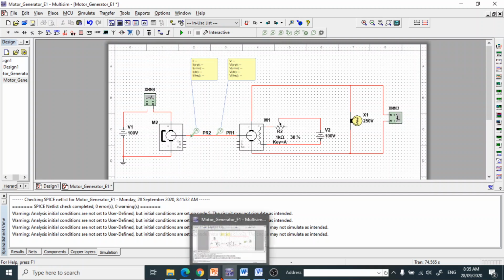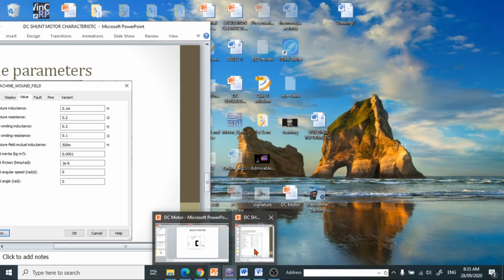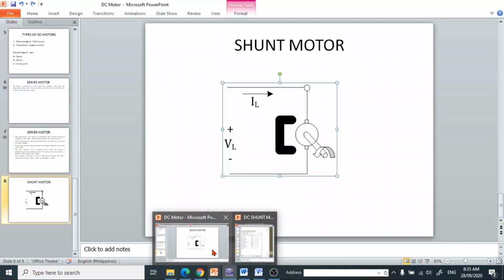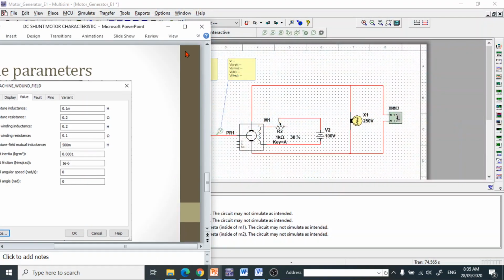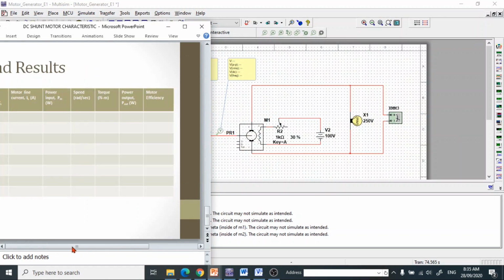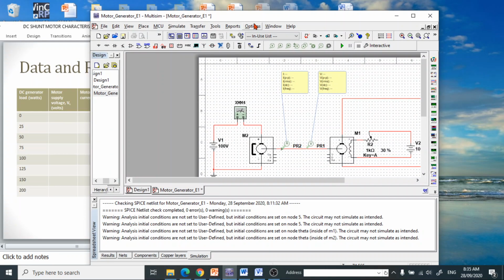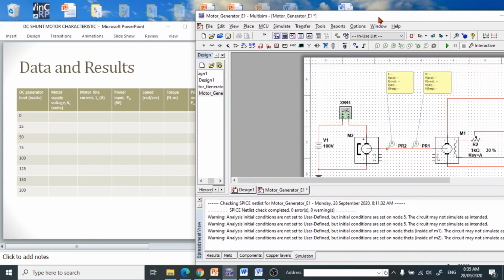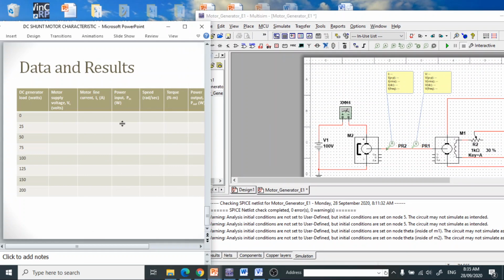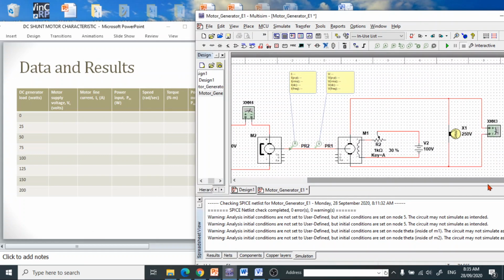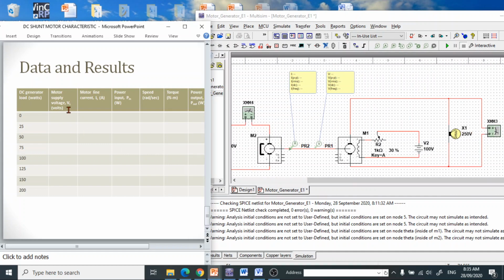Okay, so we'll try to go to the table, then we go to the results, data and results.